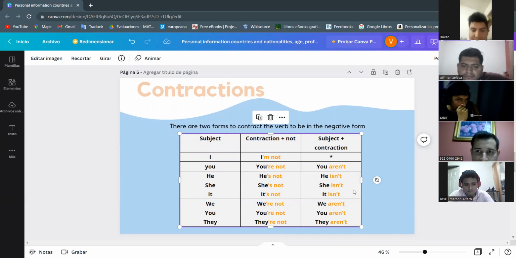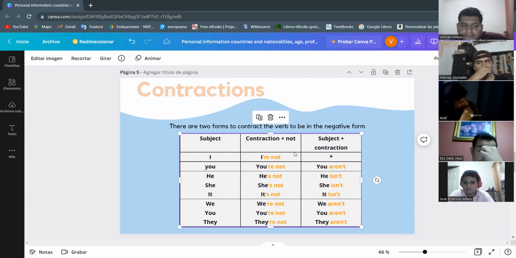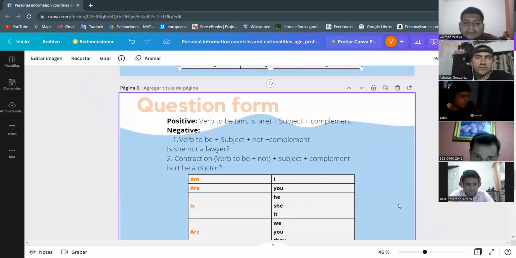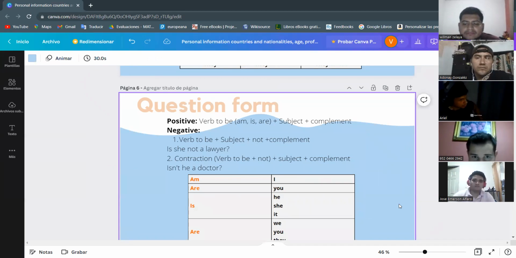All right. So once again, here you contract the subject and the verb to be, or another way is connecting the verb to be and the word not. Okay. Those are two ways to say it. Let's see the question form. You can ask in a positive or negative way.